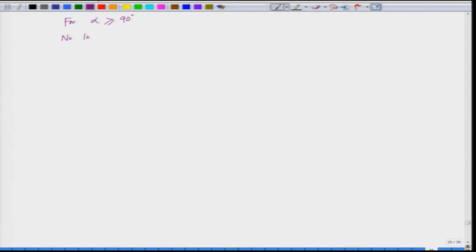No load speed in this case is given by V m sin alpha by k phi, because V m sin alpha will be the maximum value of voltage that you can have when alpha is more than 90. So, the back EMF should be equal to the maximum possible armature voltage, that is V m sin alpha, to make I A equal to 0.